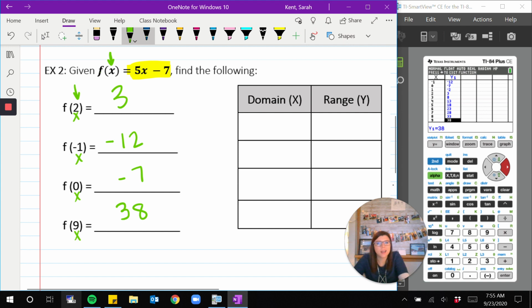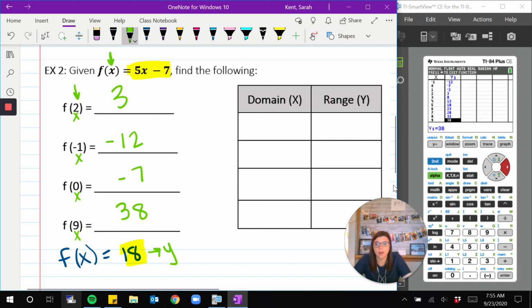Another one you might see is it might say f of x equals, and let's say it gives you the number 18. So what we would do here, this is saying that this 18 is our y.